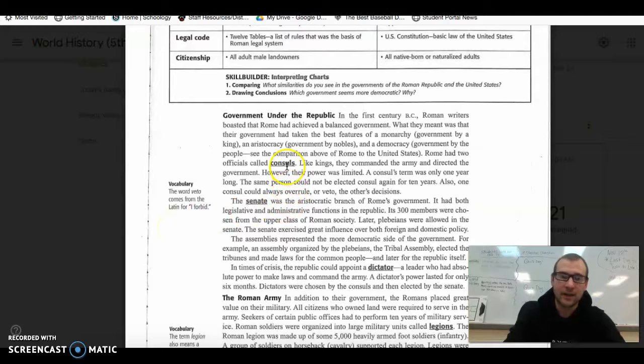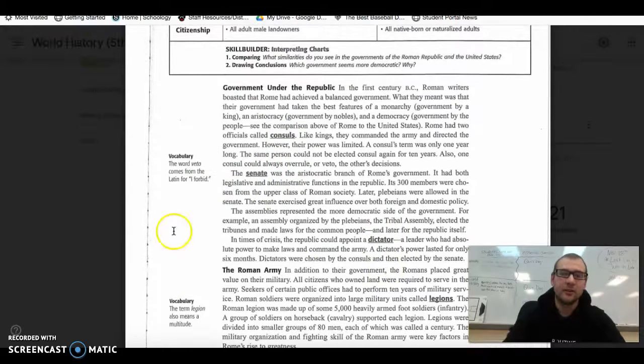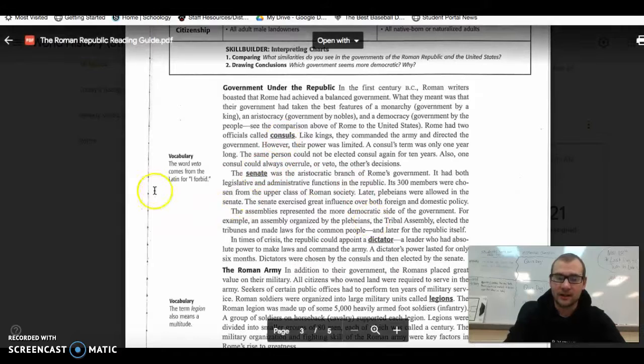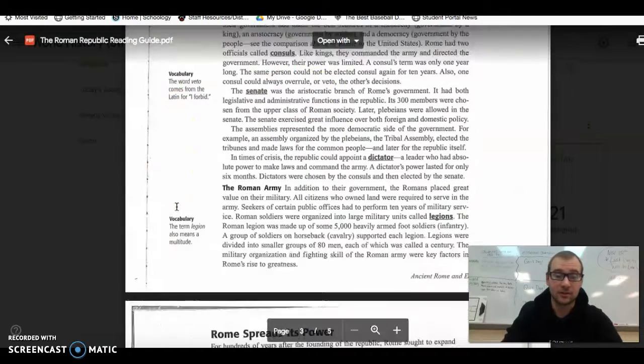So people like the consuls, the Senate, a dictator. Know these terms, right? They play a factor later on, and a lot of them are very similar to American politicians. Like the consul is basically like the president or the king. So you'll be able to make those connections as you go through.